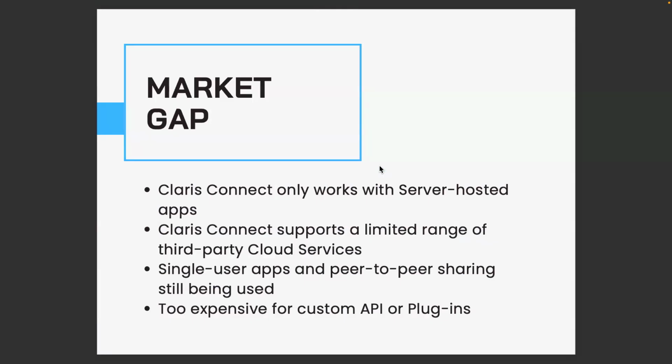And the reality is there's still a lot of single-use FileMaker applications and clients still using peer-to-peer sharing that may have a need to connect to the cloud, but again, because Claris Connect requires a server, that's simply not an option. And developing any kind of custom API or investing in plugins can sometimes be too expensive for clients.